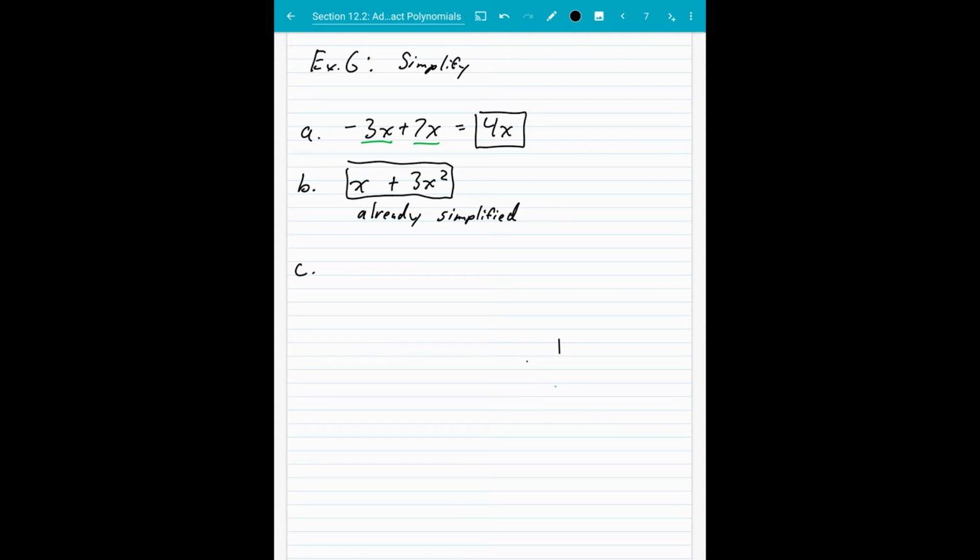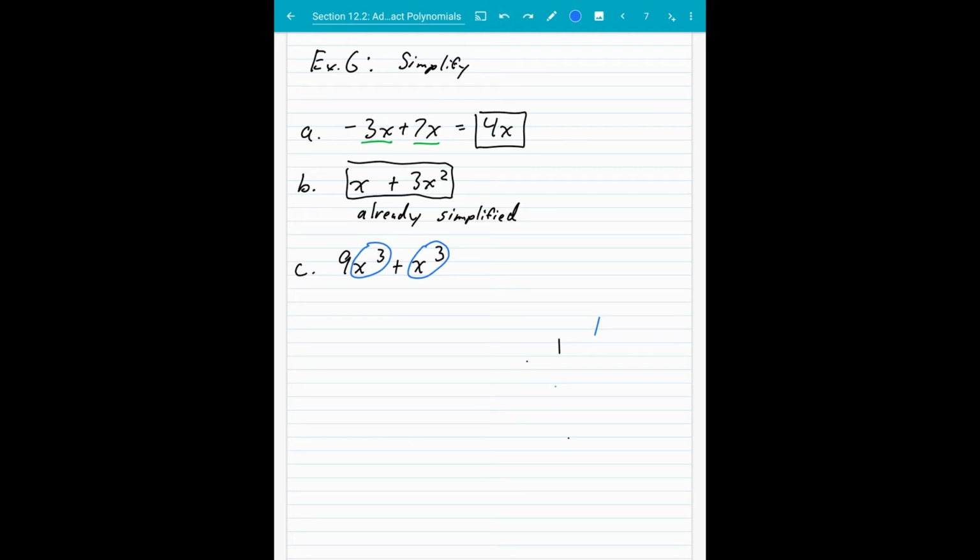For c, 9x to the third plus x to the third. Here it's different. X to the third and x to the third are the same. Just like this one, x and x are the same. If they're adding, we put the numbers together, right? We put negative 3 plus 7 makes positive 4. And we did that as long as the variables are the same.